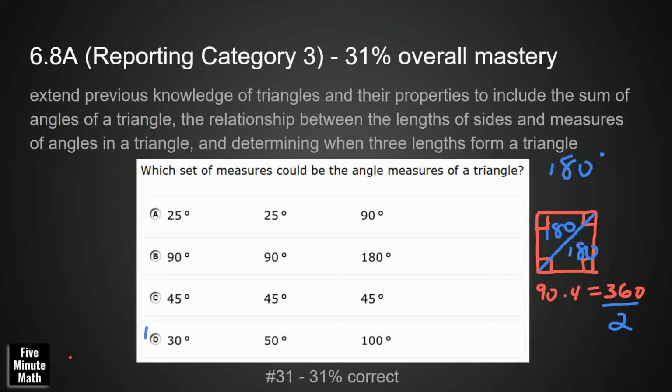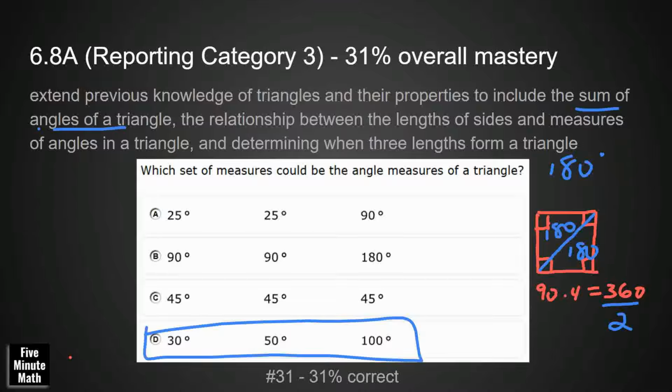And the only one that does that is D. Now, that's this breakout here, including the sum of angles in a triangle. For this particular standard, they also need to know the relationship between the length of sides and the measures of angles, right? So your largest angle is always across from your longest side. They need to know that.